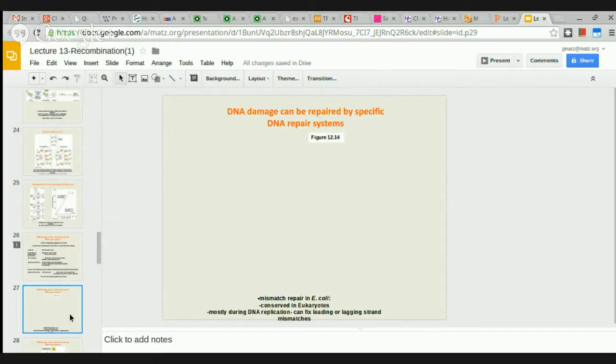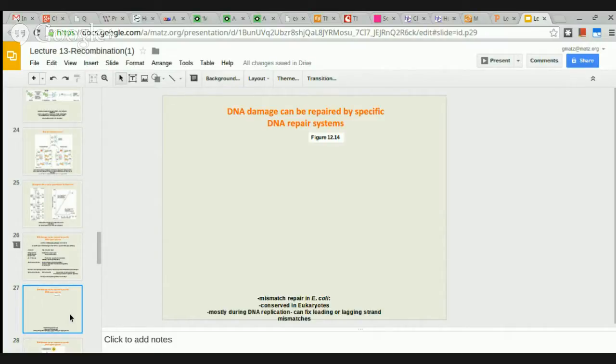So this is a summary of the mismatch repair in E. coli. Active in S phase, highly conserved in evolution, and I'm not going to ask you about these gene products and proteins.